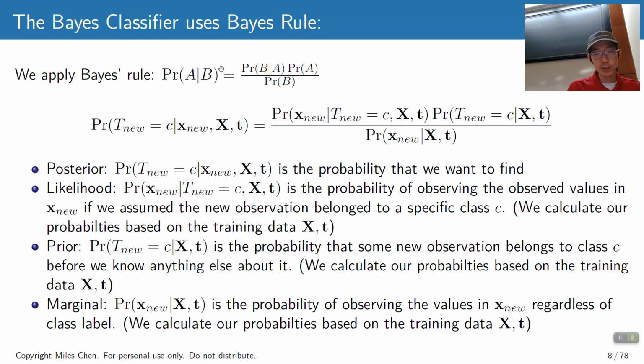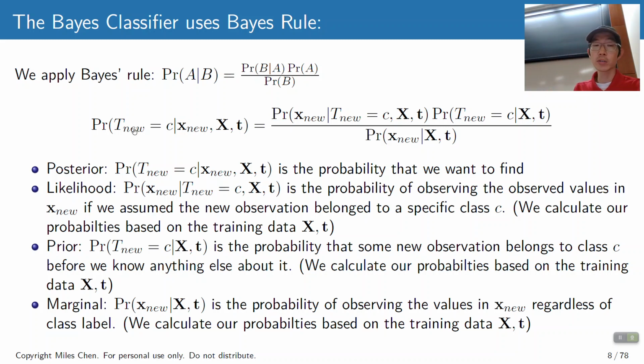Okay, so if you think about Bayes' rule, probability of A given B is B given A times probability of A, divided by the probability of B, and we apply it to this, and we say the probability that this new observation belongs to class C corresponds to A, and the X new corresponds to B. Okay, the given X and T, given our training data, is going to remain part of the given part everywhere.